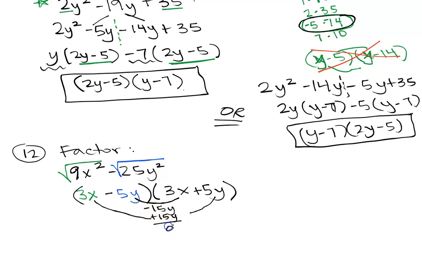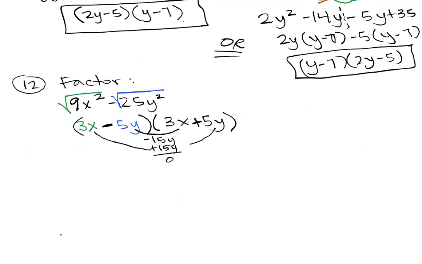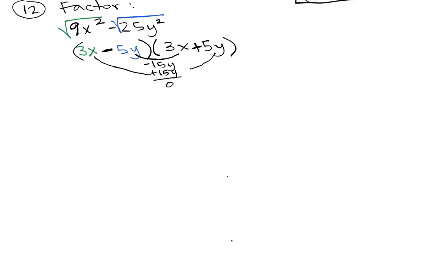And so those zero out, which is why we don't have a middle term up here. So that happens when we have one exactly the same thing. One's connected by subtract, the other is connected by add. Okay, so just keep that in mind. That's maybe a little shortcut to help you get there.